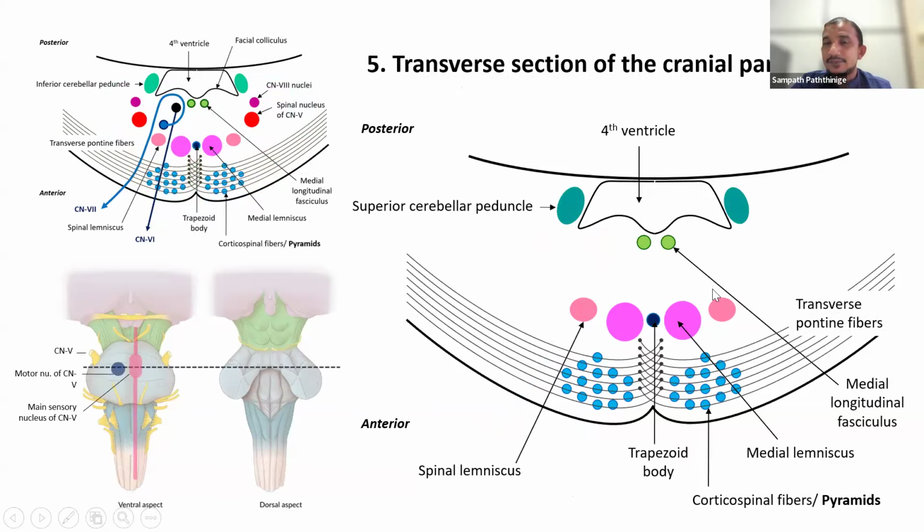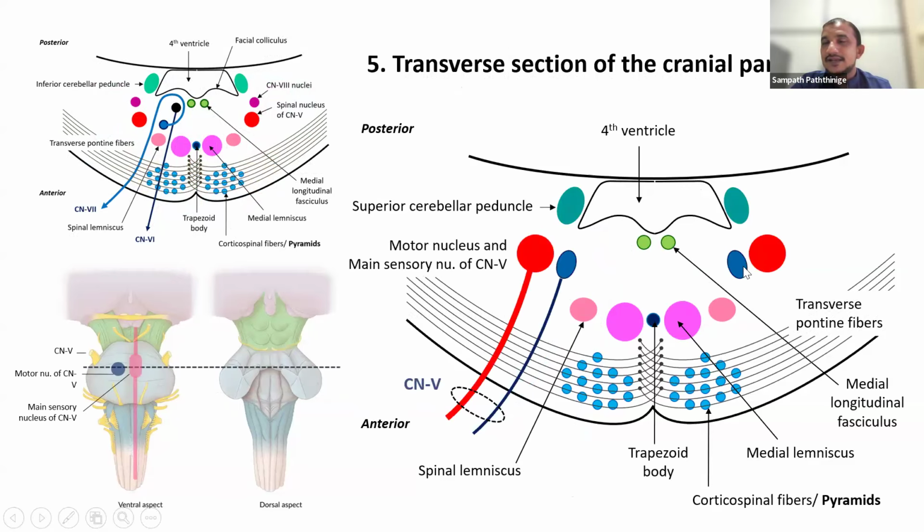Most of the structures would be similar, but where you find the sensory nuclei, they are further lateral. You saw the motor nuclei are towards the center, but the sensory nuclei are towards the periphery. So you have the main sensory and the main motor nucleus of the trigeminal nerve. The rest would be more or less the same.